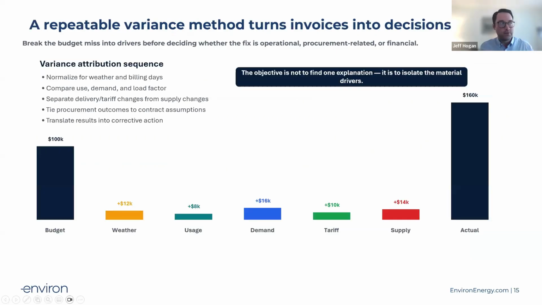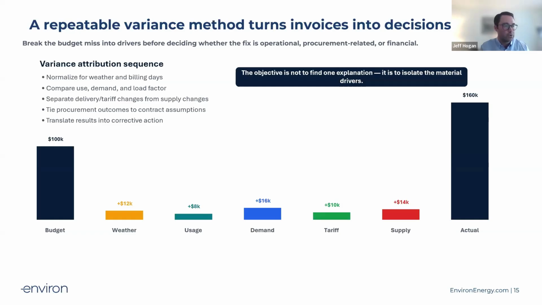If we then start to talk about that variance process, that variance method, there is, I think, a sequence that we could ultimately follow, which we've described on the screen here. So the things that can impact your bills are in the middle: weather, usage, demand, tariff, supply. We have the budgeted number in this simplistic example. The budgeted value is $100,000.